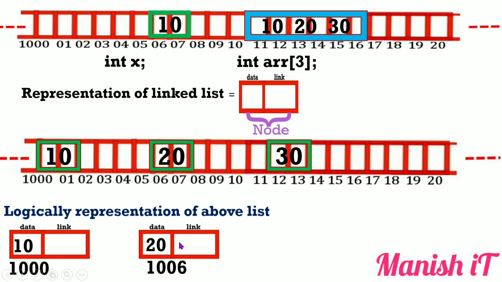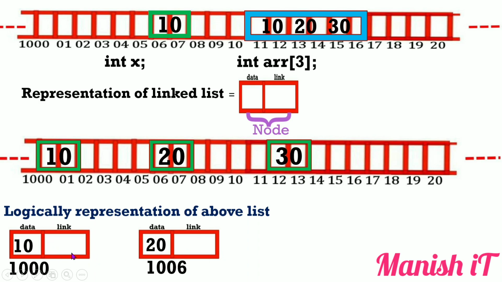So how can we correlate them to each other? We already said this link part is nothing but it stores the address of another node. So for this node, the other node is which one? This one. So what is this node's base address? It is 1006.